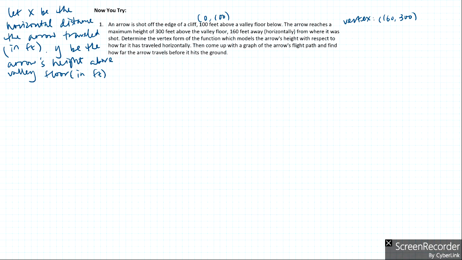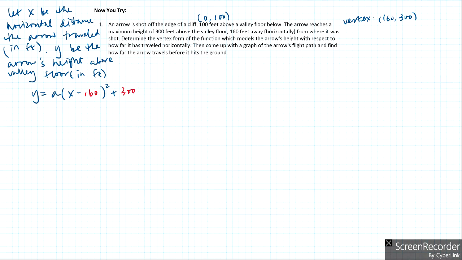So right away, when we want to write out the vertex form of the equation, we can start off saying y is equal to some leading coefficient a times (x minus 160), which comes from the horizontal coordinate of the vertex, plus 300, which is the vertical coordinate of the vertex.